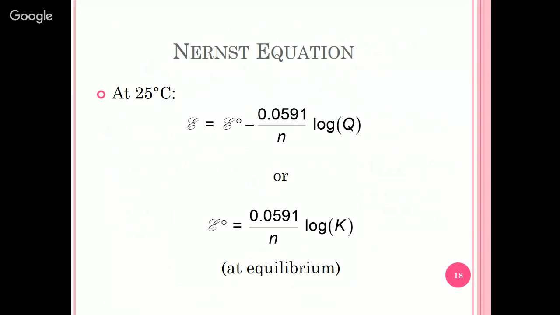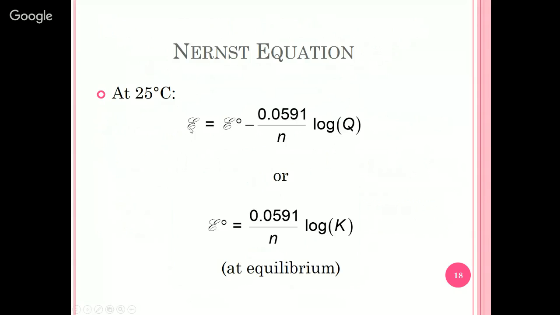Hopefully this makes sense, because if you're already starting with a bunch of products, we cannot get a lot of electrons from that process. Our electrons come from our oxidation, so we need those in higher concentration than our reduction.